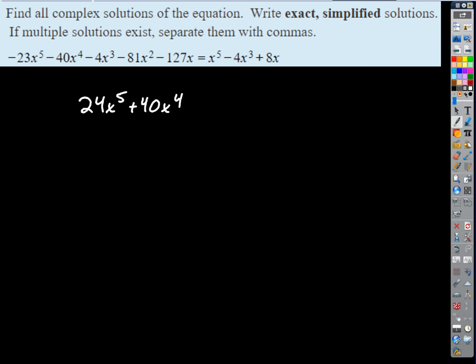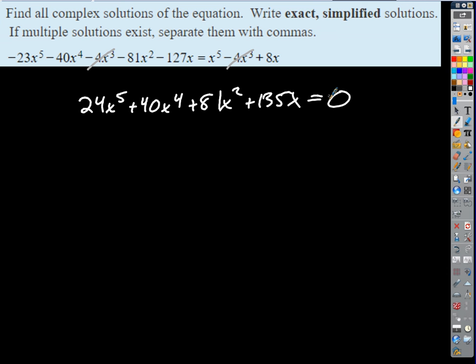If I add 4x cubed to negative 4x cubed, they cancel. Then I'll add 81x squared to this side. There's no other x squared term. And if I add 127x to 8x, I get 135x. The other side is equal to 0, but let's put it on the right because it looks better. So there's the equation we're starting with.